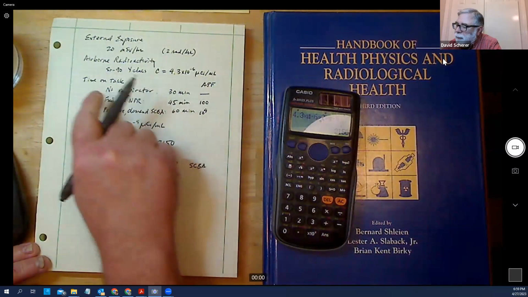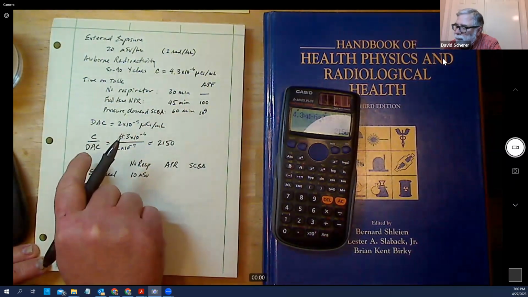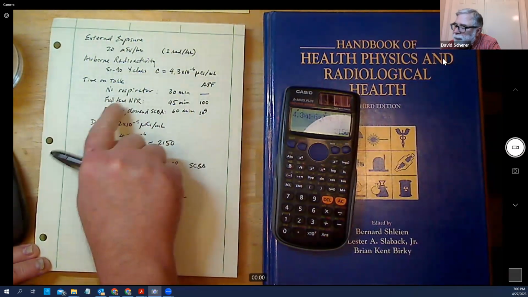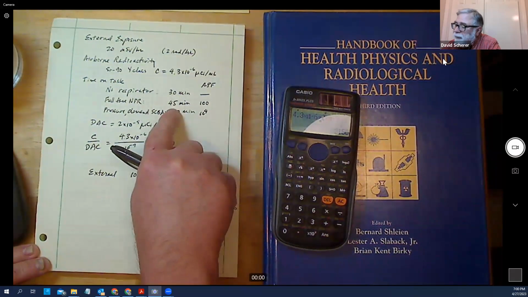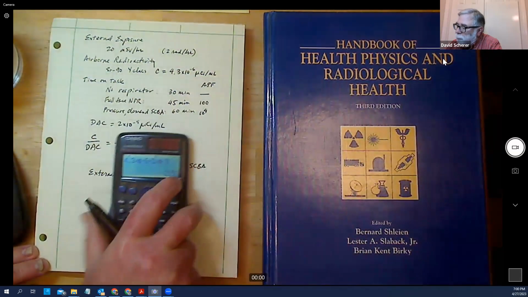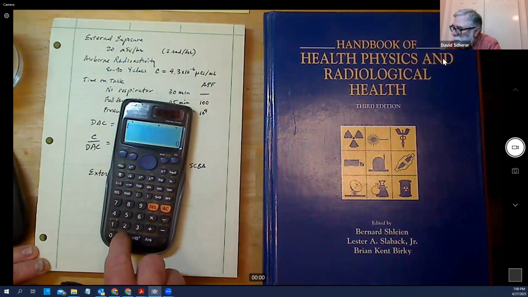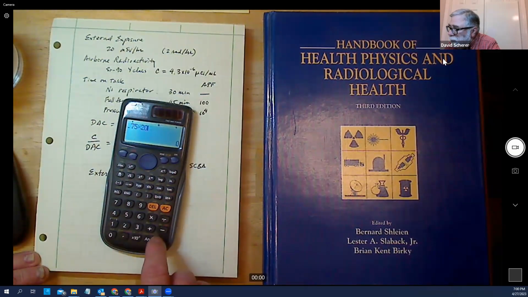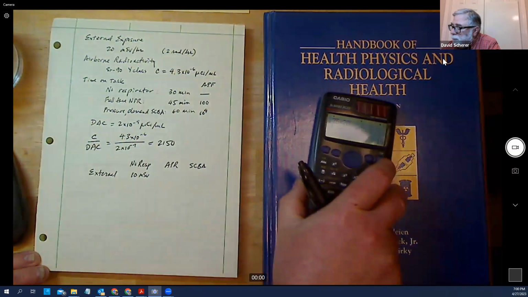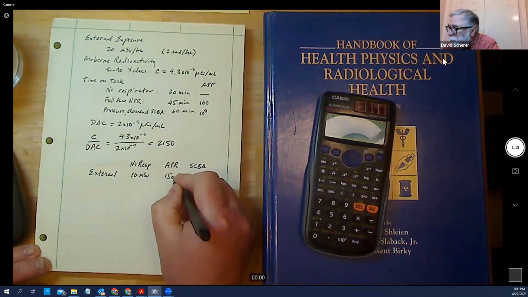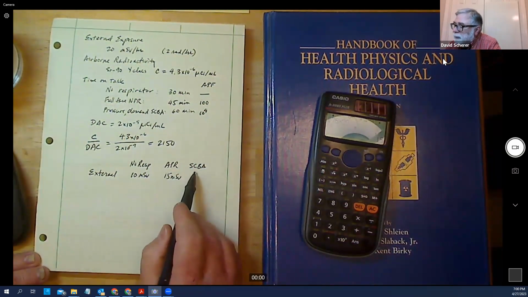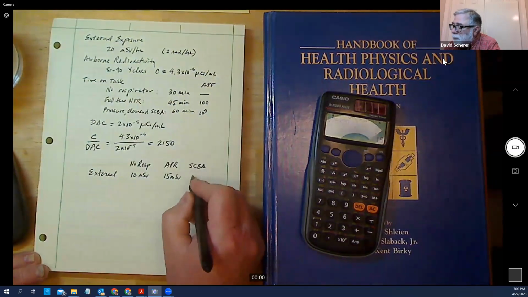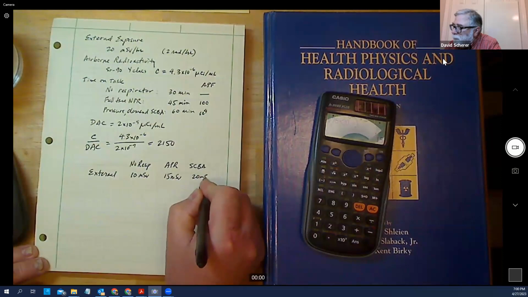With a negative pressure respirator, it's 45 minutes. So 0.75 hours times 20 millisieverts per hour is 15 millisieverts. And with an SCBA, it takes an hour. So it's 20 millisieverts per hour times 1 hour is 20 millisieverts.